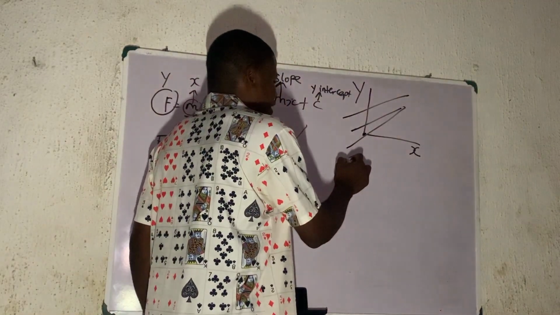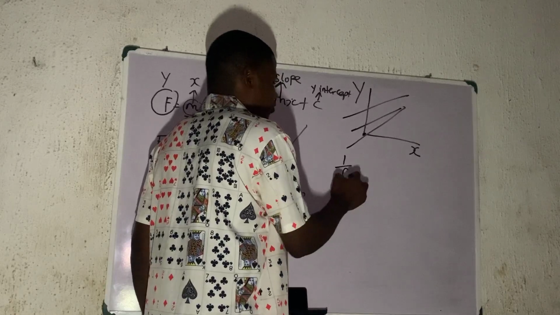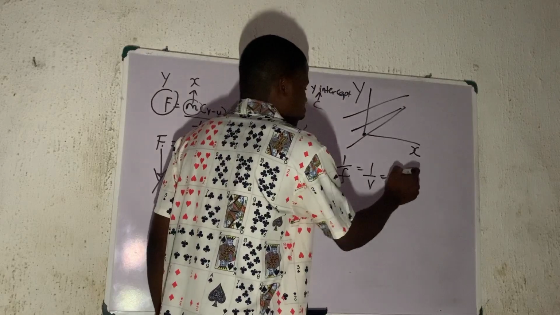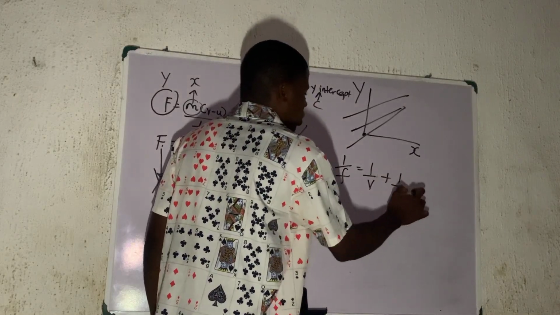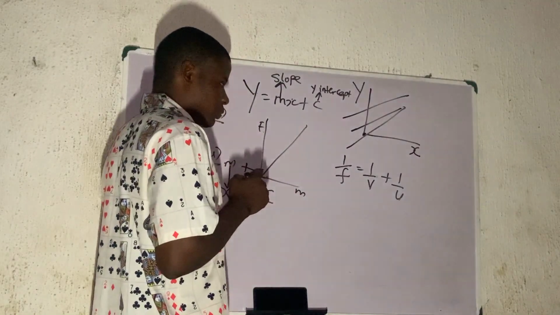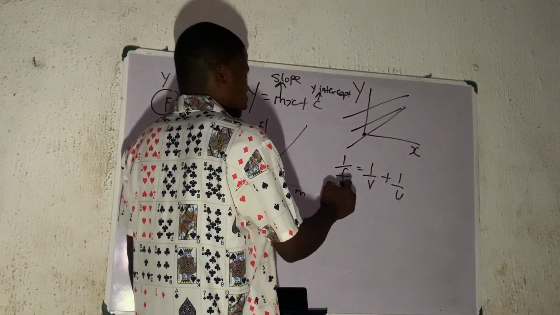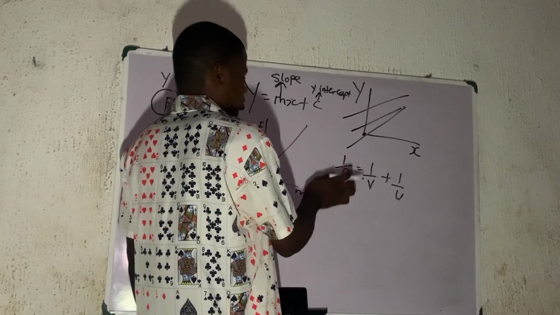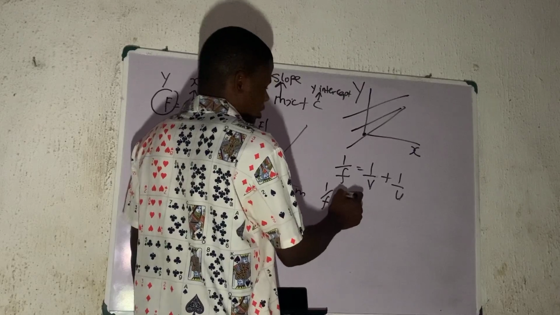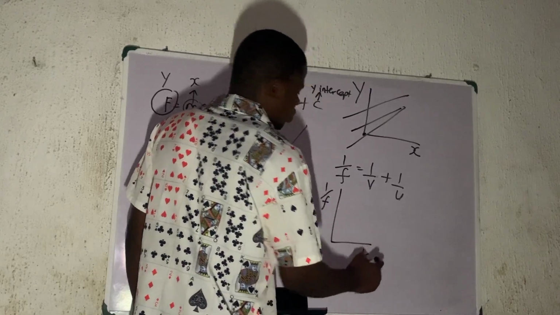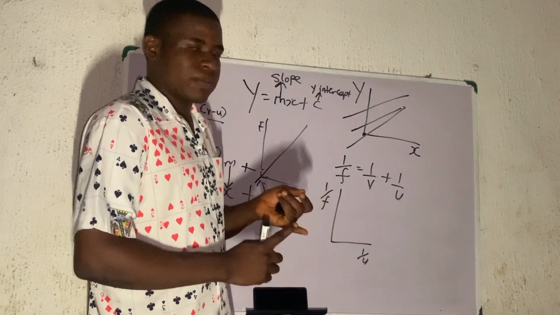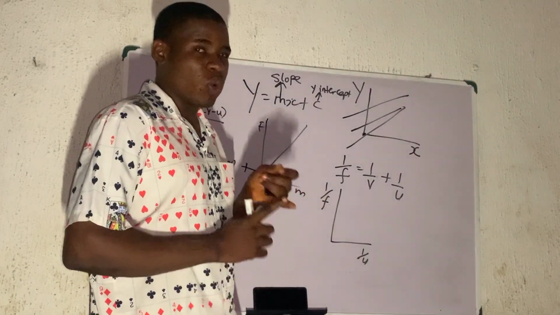If I have the mirror formula, 1/f = 1/v + 1/u, where f is the focal length, v is the image distance and u is the object distance, and I ask you to plot the multiplicative inverse of focal length, 1/f, against 1/u, leave that on the comment section. Give me the value of the y-intercept and the value of the slope to check whether you've understood.